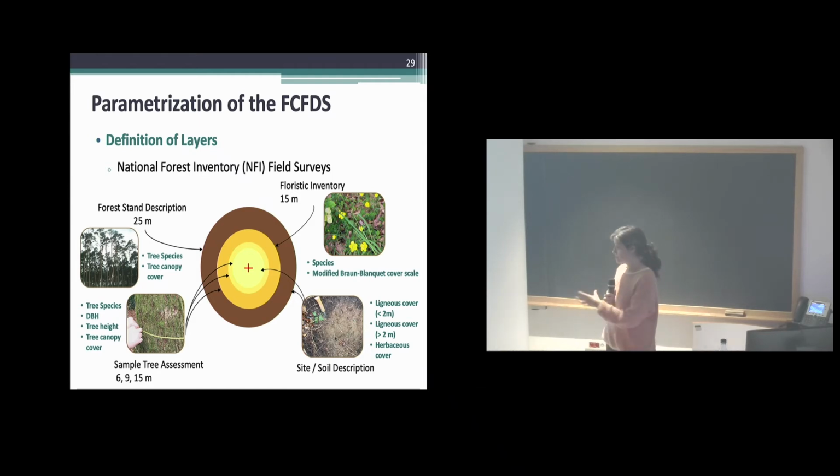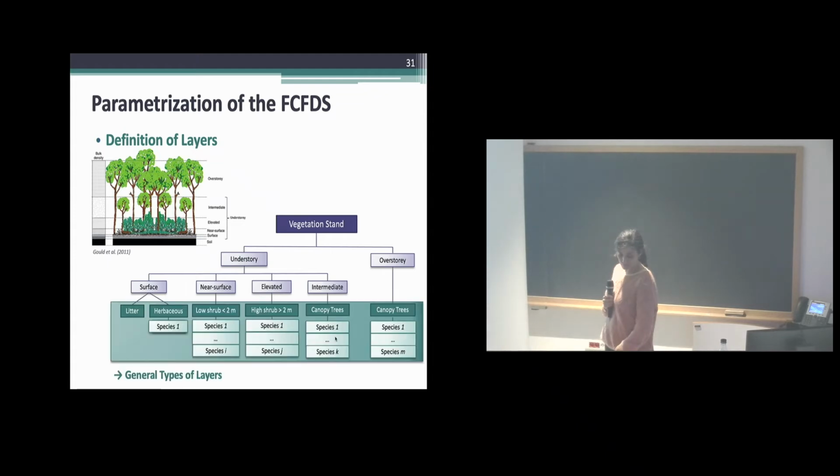So based on this data, we identified general types of layers for describing a typical forest: litter, the herbaceous, the shrubs divided depending on this threshold of 2 meters, and then the trees.